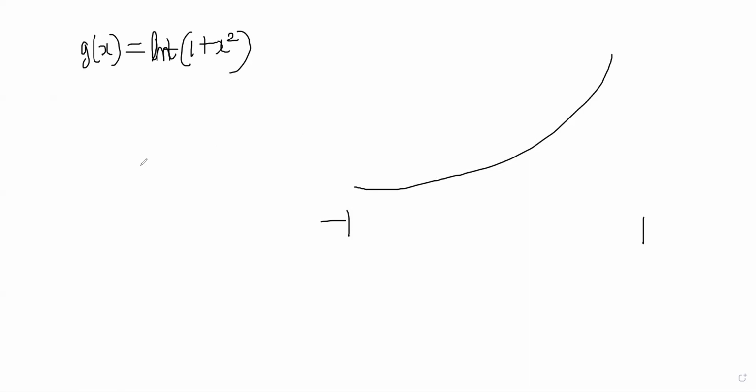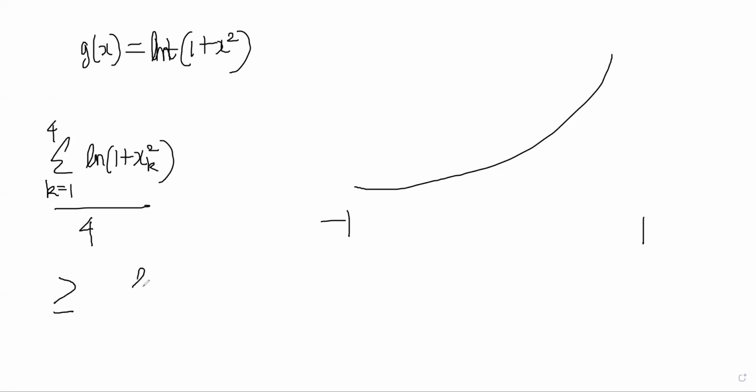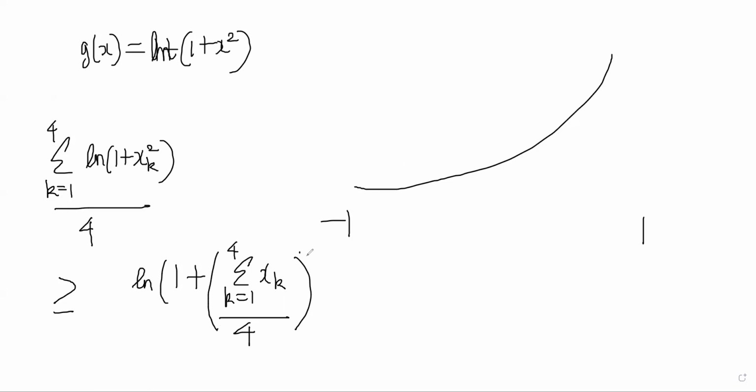And now we will use Jensen's inequality, which says that the sum of k going from 1 to 4 of ln(1 plus xk square), whole divided by 4, will be greater than or equal to ln of (1 plus (summation of k going from 1 to 4 of xk by 4), and this term is squared).